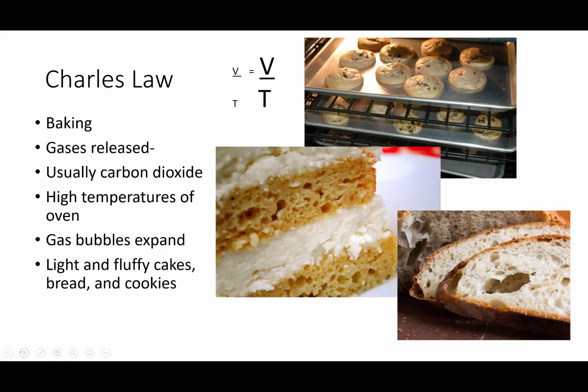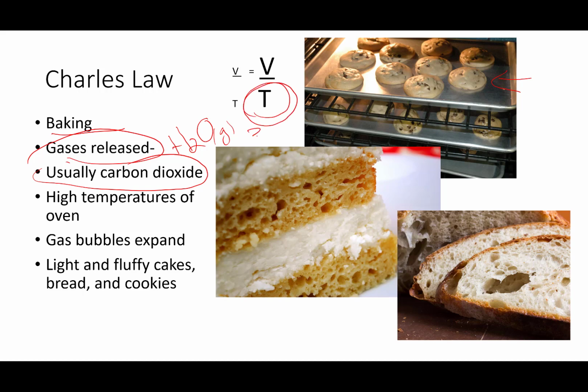When you bake, gases are released, usually carbon dioxide, and a little bit of water vapor also is released. Because of the high temperatures in your baking oven, like 350 degrees Fahrenheit, those gases are going to get to be big amounts of gas.